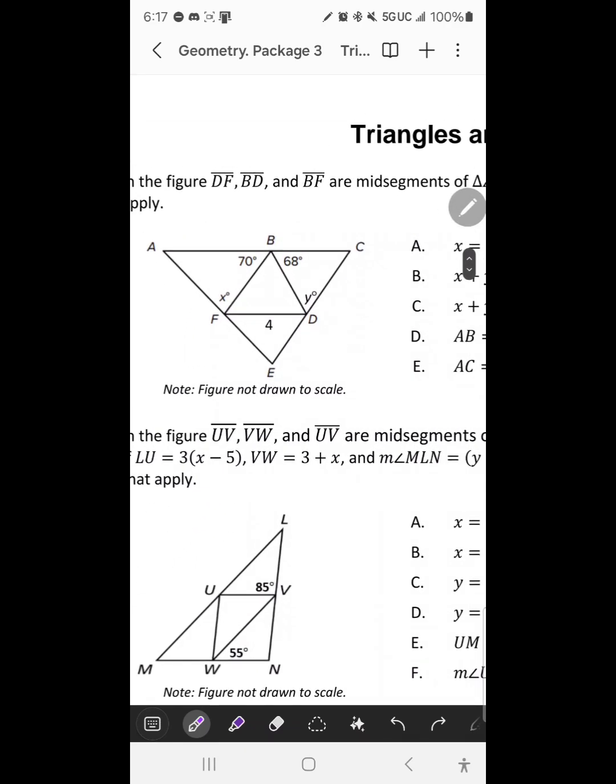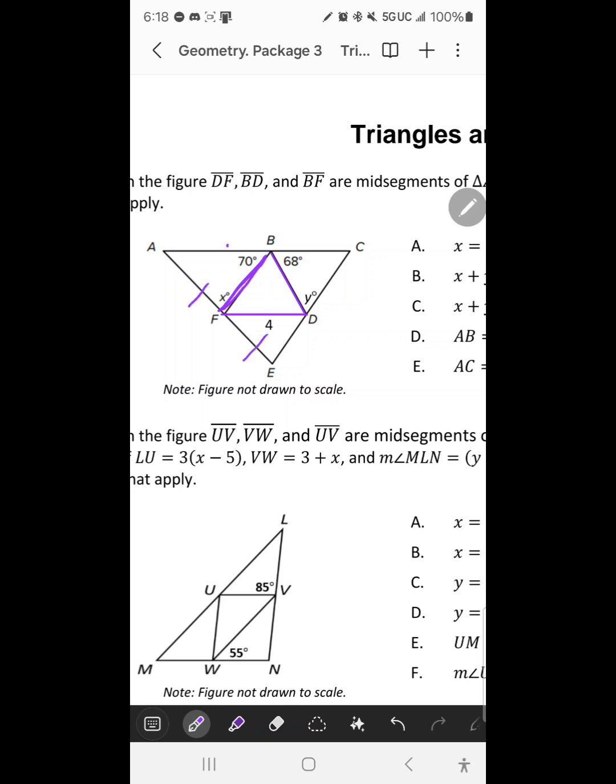Now in the figure, DF, BD, and BF are midsegments.